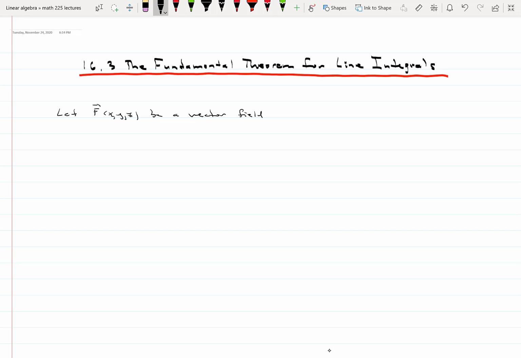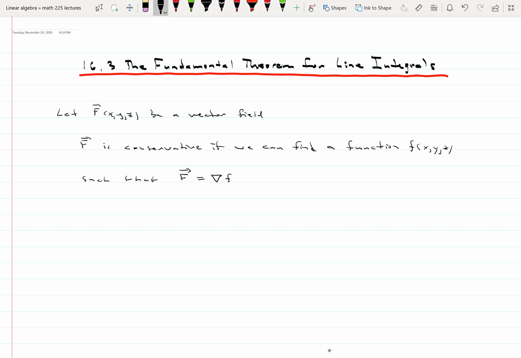We say that F is conservative if we can find a scalar function, not a vector function, but a scalar function, let's say f of x, y, z, such that our vector field F is the gradient of that scalar field.